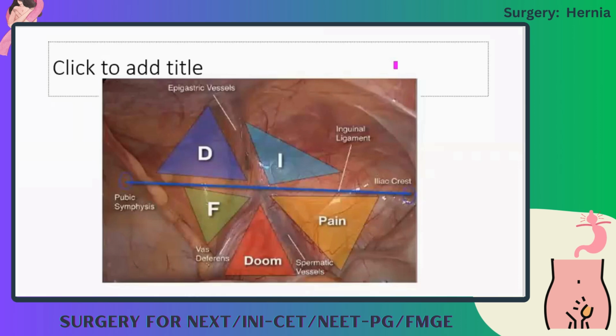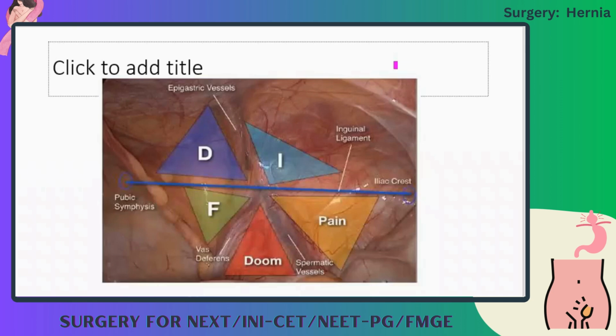Just guess what this is. Is it a pouch, sir? Hernia. What are the operations for hernia? Herniotomy, just removing the hernia sac.